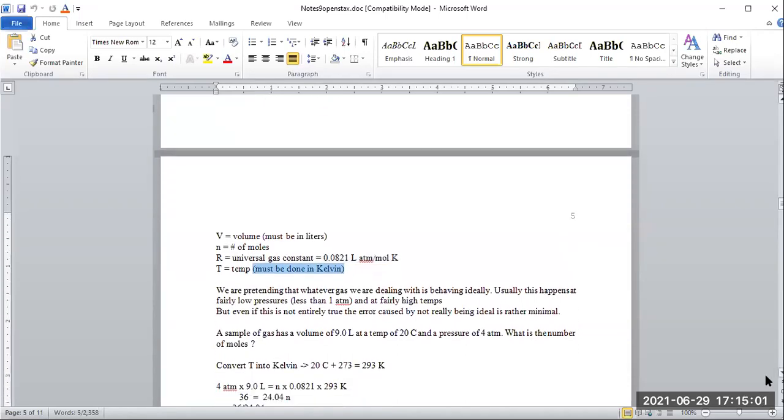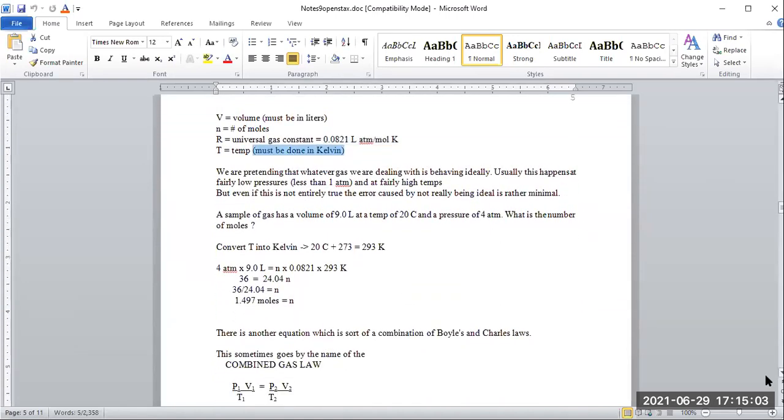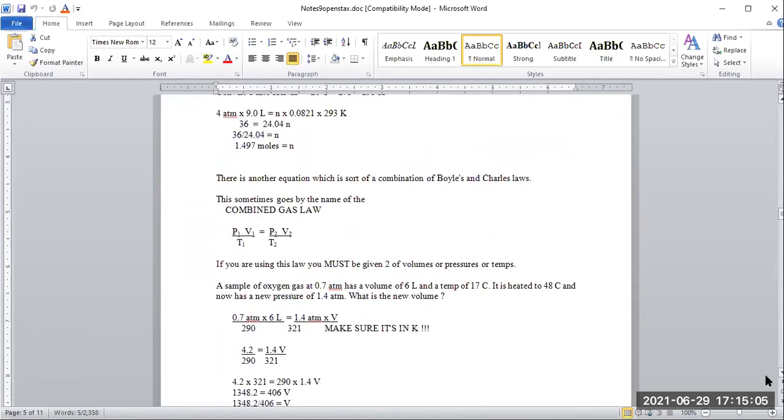All right, so on to the next equation. This one is known as the combined gas law. What it does is it kind of smushes three laws together. Boyle's had P's and V's side by side.